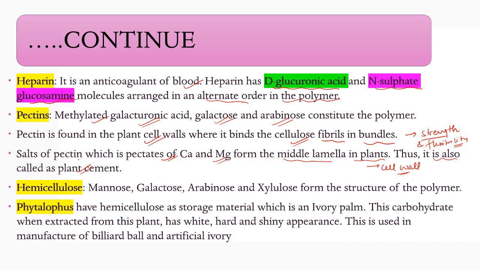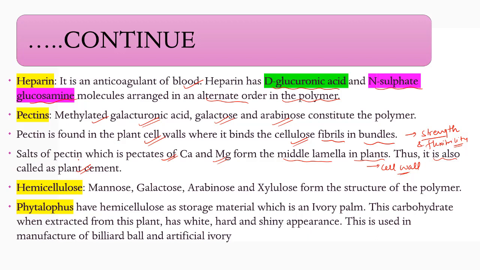So pectins are made up of methylated galactonic acid, galactose and arabinose. Pectins are found in plant cells. They are soluble in water. They bind to cellulosic fibrils and bundles to provide strength and flexibility, to support the structures.